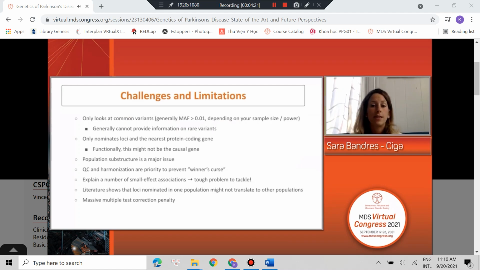So GWAS is certainly not the best technology to detect rare variants, and generally cannot provide information on this type of genetic variation. Also, GWAS only nominates loci, those regions of the genome, and the nearest protein coding gene, which functionally might not be the causal gene.